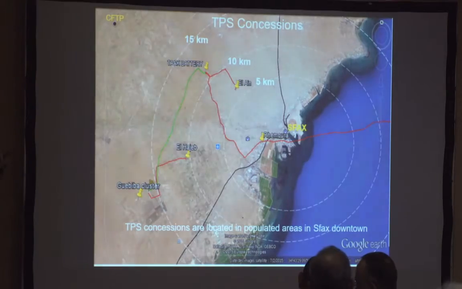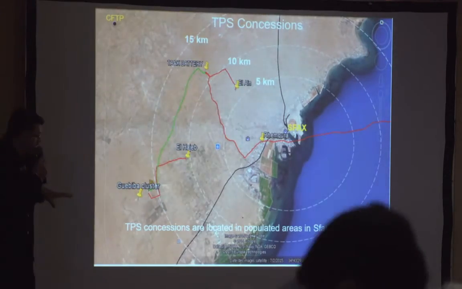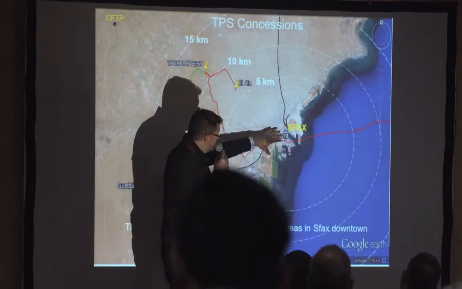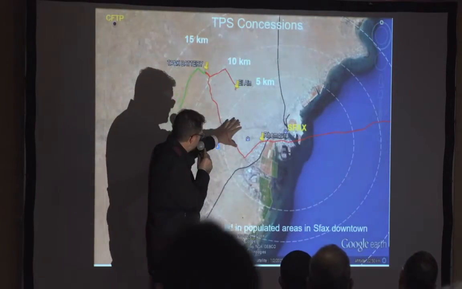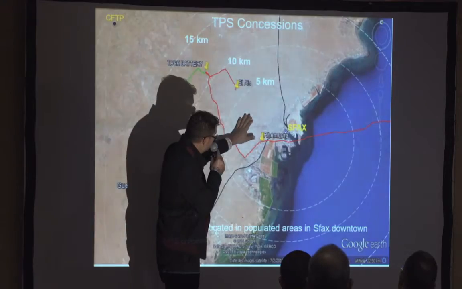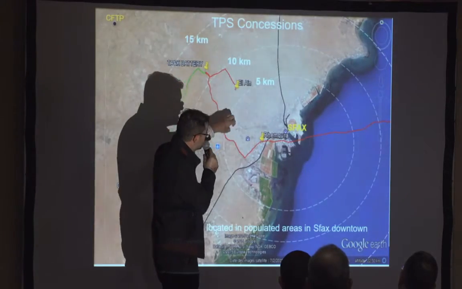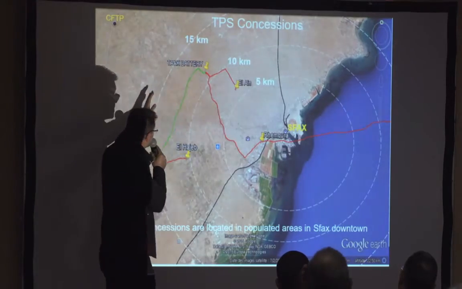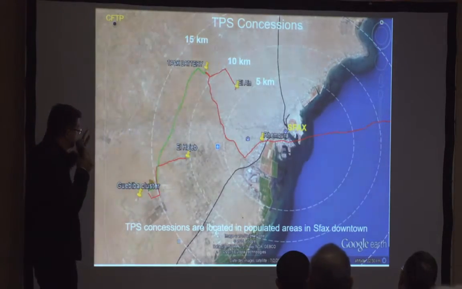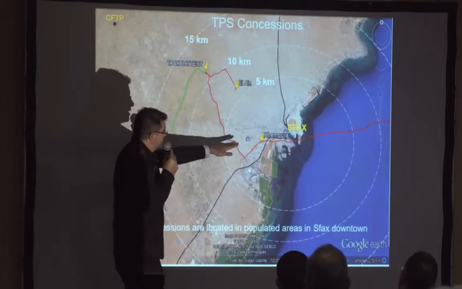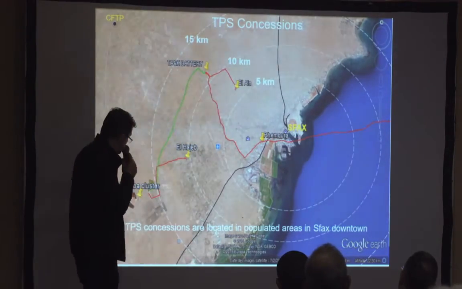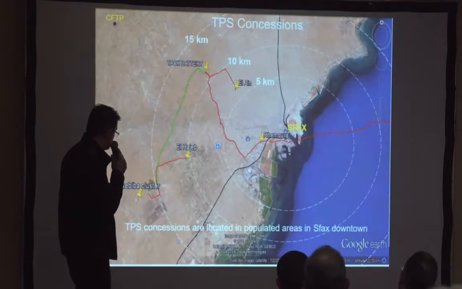TPS is operating in the midtown of Sfax. Sfax is the second biggest town in Tunisia. So here you can see the houses, the facilities, and TPS is operating in the midtown of Sfax, in a radius of about 25 kilometers. Here you can see the different sites of TPS, located in the midtown of Sfax.